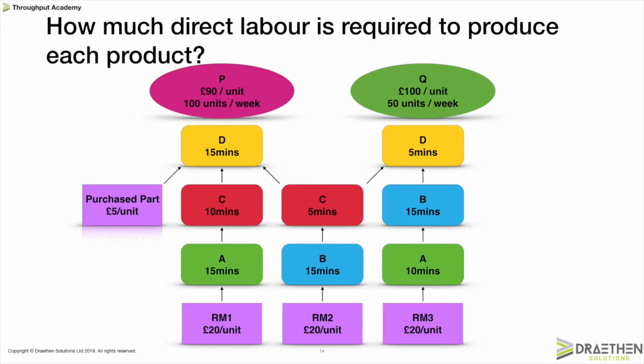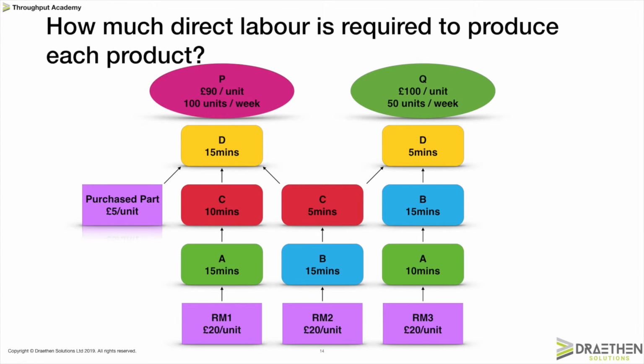Another factor that many people pay attention to is to look at the direct labour required to make each of the two products, and again product Q comes out on top. We can calculate the direct labour required by simply adding up the processing times for each step in the product routine. So, product P requires 5 minutes of green's time, 15 minutes of blue's time, and 15 minutes of red's time.